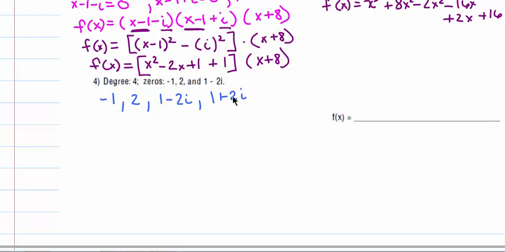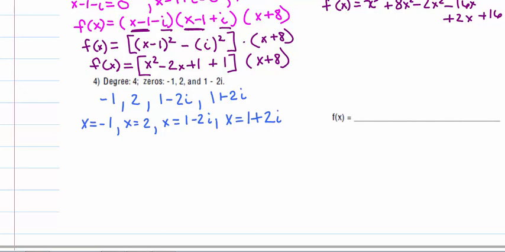Now I have my 4 zeros. Set each of them equal to x. Once I have each of them equal to x, now I need to solve them so that they're equal to 0.